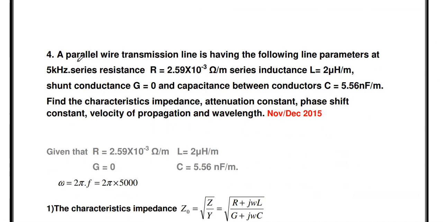See the question: a parallel wire transmission line has the following line parameters at 5 kilohertz.